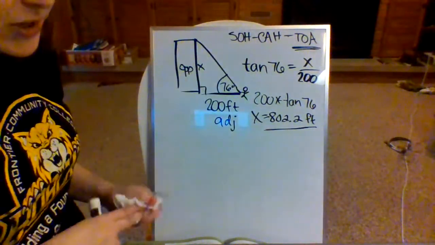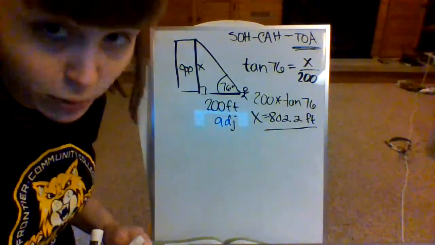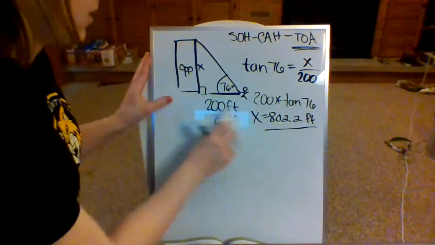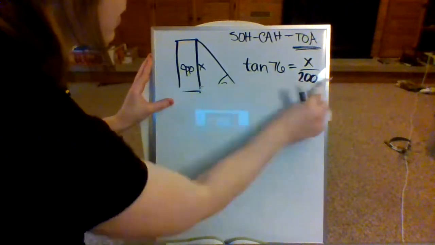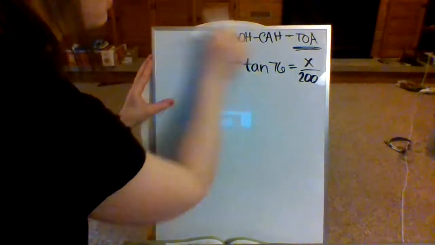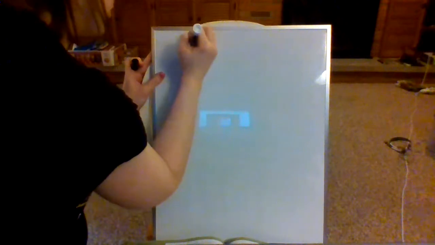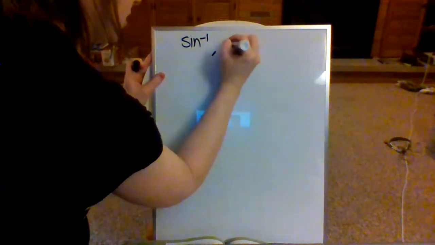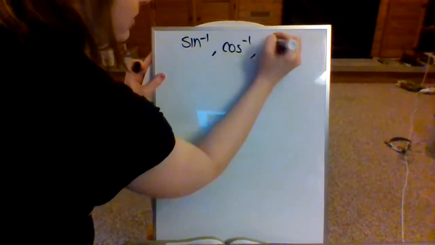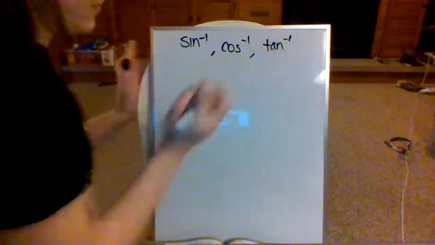Now, we're going to switch gears a little bit, and we're going to find missing angles instead of missing sides. Okay, so to find a missing angle, first of all, we're going to have to use either sine inverse, cosine inverse, or tangent inverse.